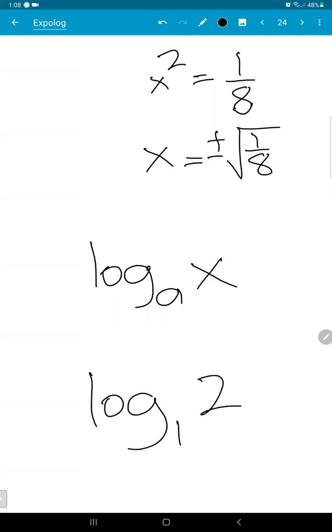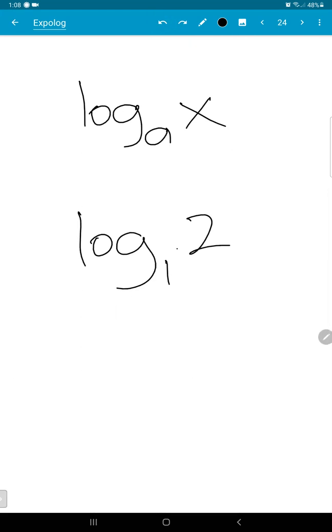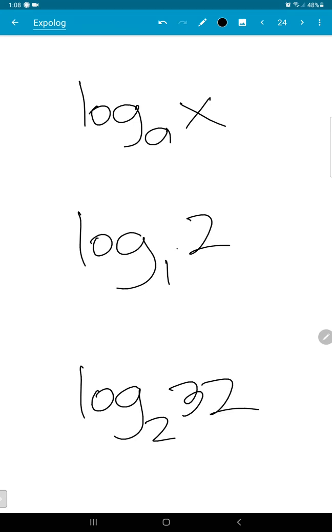If you studied the meaning or definition of logarithms, it means the power to which I should raise 1 to get 2. Let me give a simple illustration. What is this? Anyone? What is that? 5.